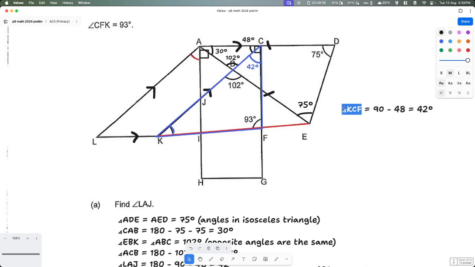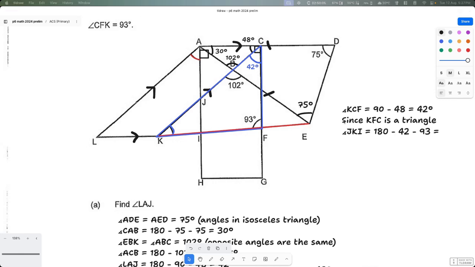So angle JKI. Since KFC is a triangle, angle JKI is equal to 180 minus 42 minus 93.